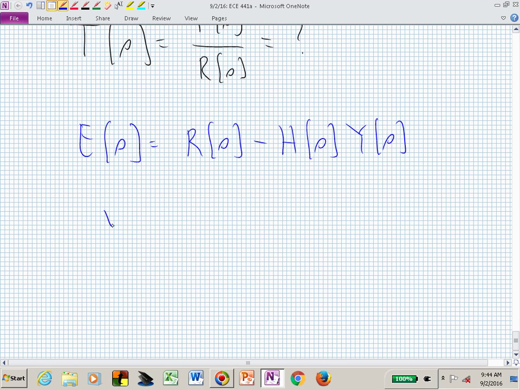Now I can write down that Y is G of S, E of S. And if I want to get rid of E's, then why don't I do some algebra and just substitute the first E expression, the equation that only contains R's and Y's, into where E is in this equation.